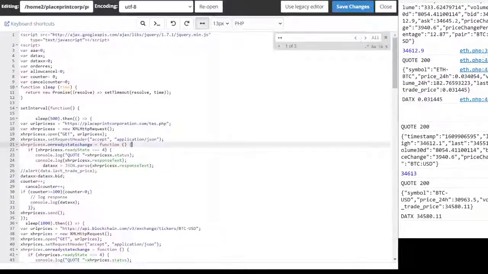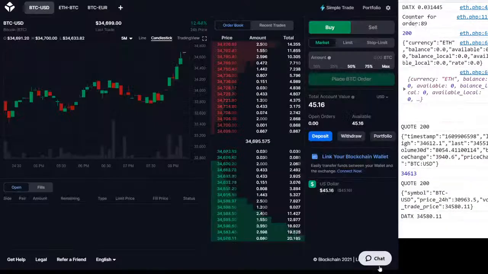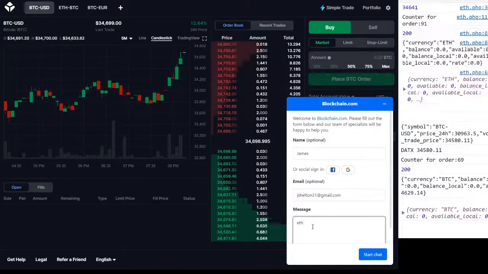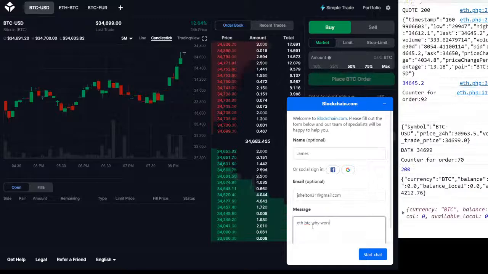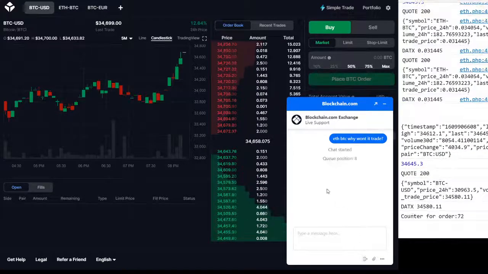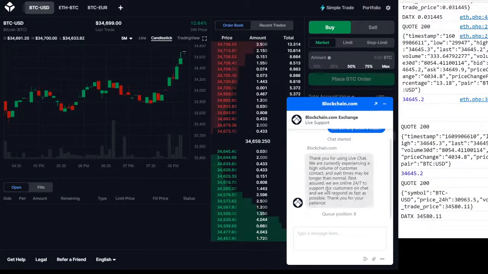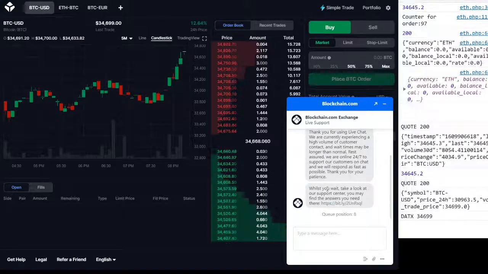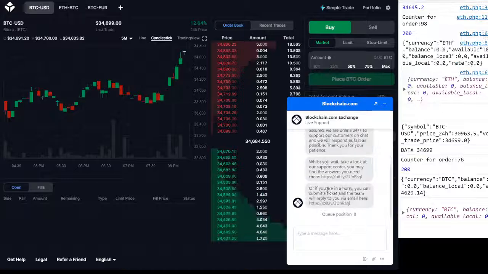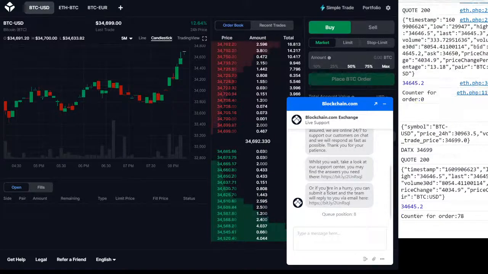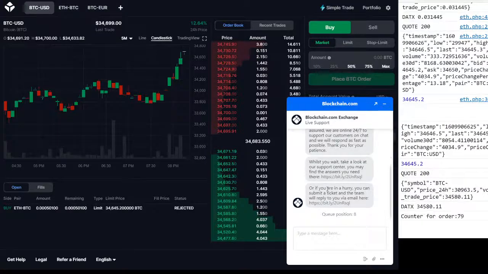I think it's okay. But we do need to get this chat started and ask, ETH BTC, why won't it trade? Okay. It's only 8 people, so that's good. So, we forgot that cancel, but it's not the end of the world. Our algos are running.